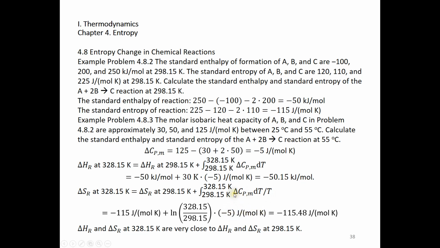We just need to integrate dT over T. The integral of dT over T is the natural logarithm of T. Therefore, we have this natural logarithm here, and we do the calculation, we get negative 115.48. Compare this number at 55 degrees Celsius and this number at 25 degrees Celsius. They're awfully close to each other.